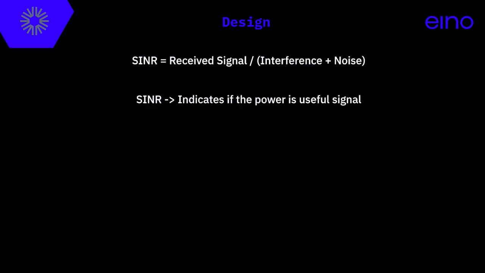The next thing to consider is our SINR, because we may have a lot of signal coming, but how much of that signal is really good? We have a lot of interference based on the number of radios they have and what channel they use. So this is a very good indicator to show us basically the quality of our signal.